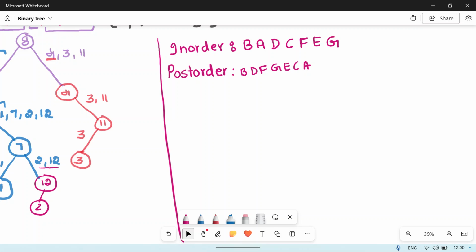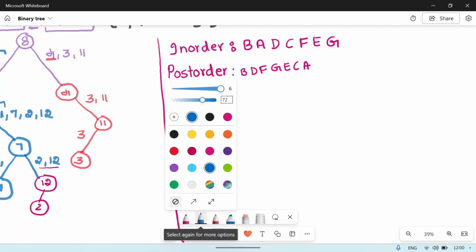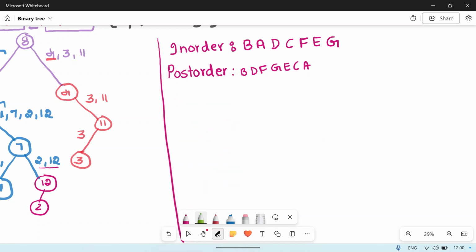Okay, so let's start. If you remember, first thing you have to do is identify the root. So this is left, root and right. This is left, right, and root.